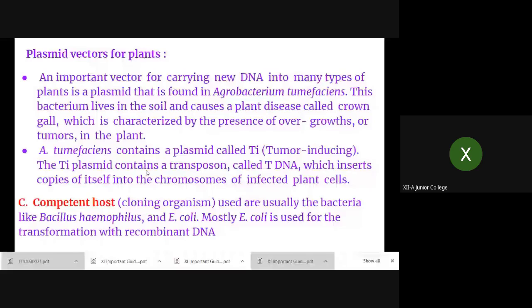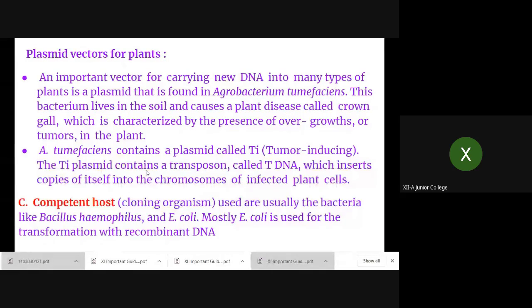This is the cloning organism that is generally used, usually bacteria like Bacillus, Haemophilus and E. coli, that means Escherichia coli. Mostly E. coli is used for transformation with recombinant DNA. So remember these three biological tools: first enzymes, second vectors, and third the host cell, also called the cloning organism.